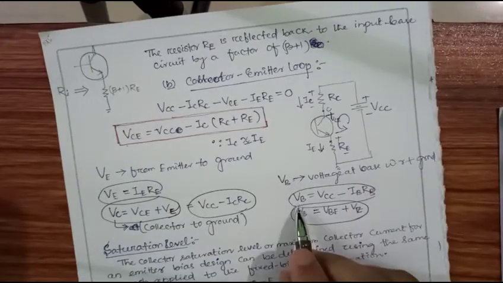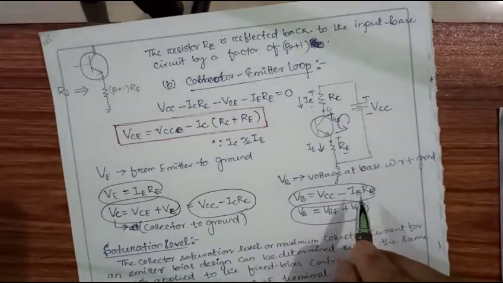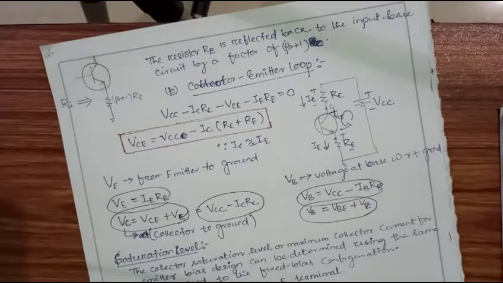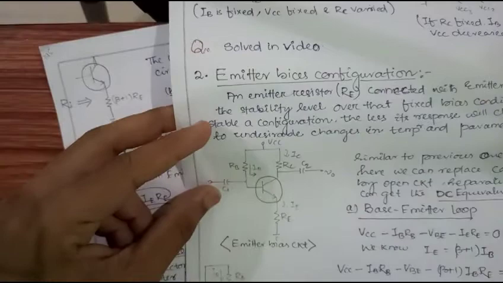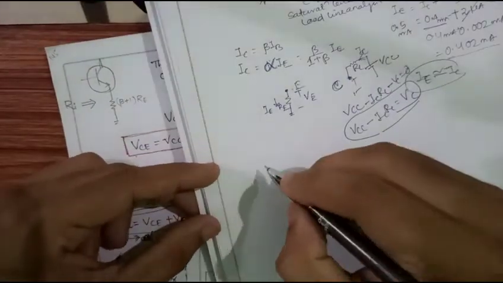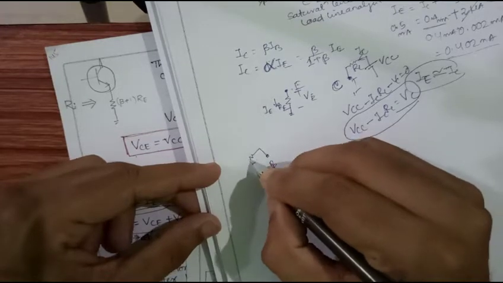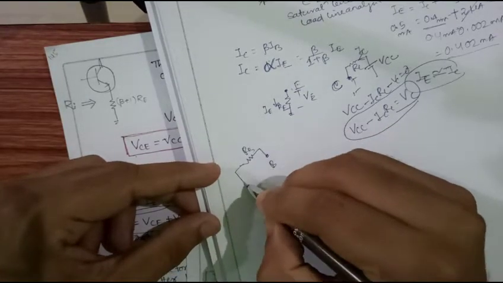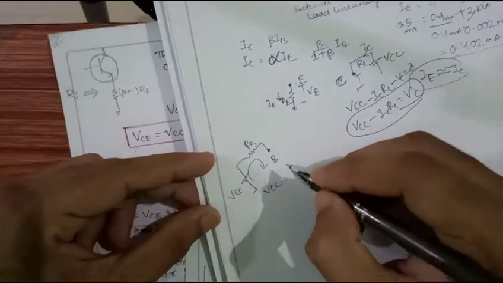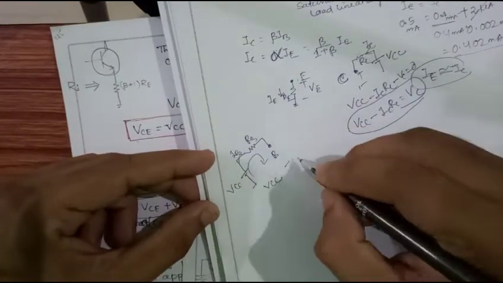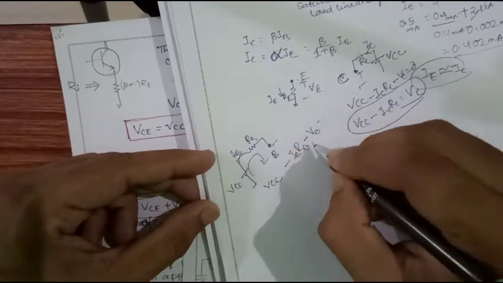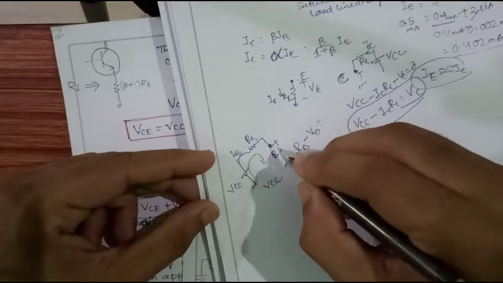Similarly, we can find the value of VB also, VCC minus IBRB, for the input loop. You can see from here, this is the base voltage. So if I write the loop equation for the base, from base through resistor RB with a voltage VCC, VCC minus IBRB minus VB equal to 0, because I am measuring the voltage VB from base to ground.